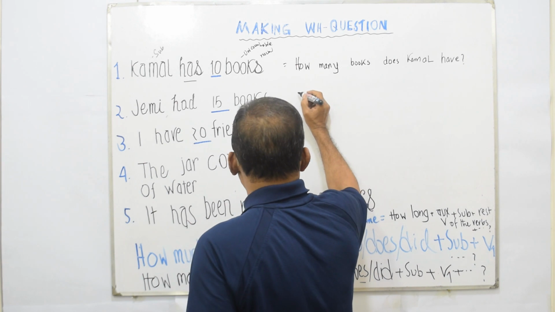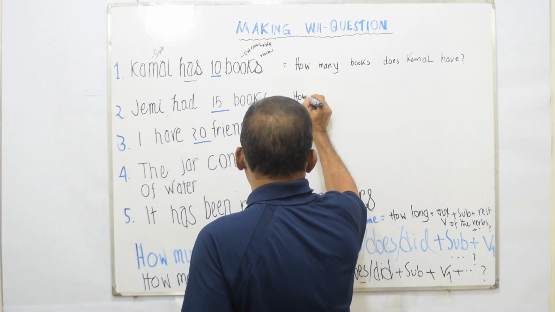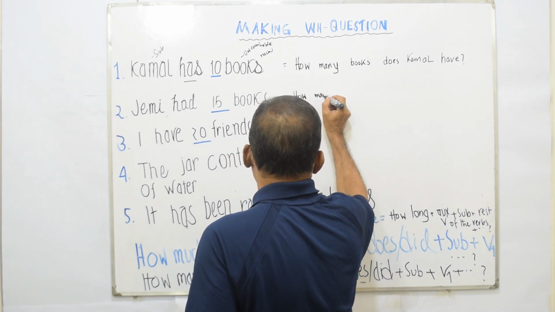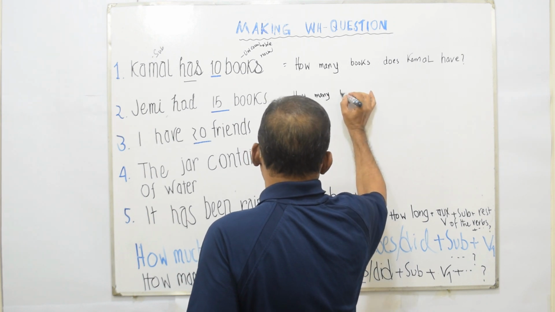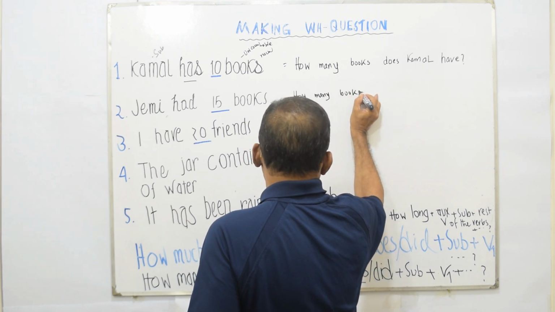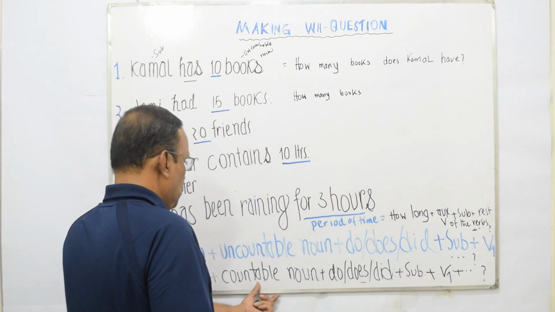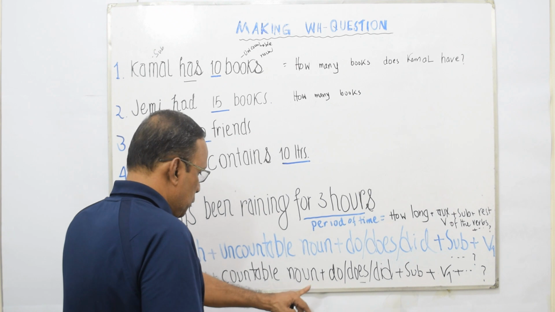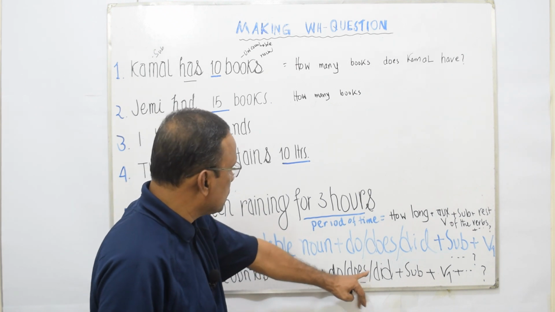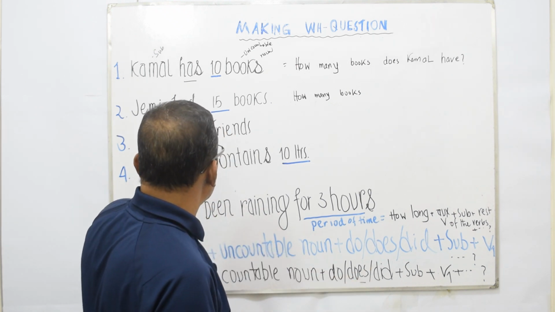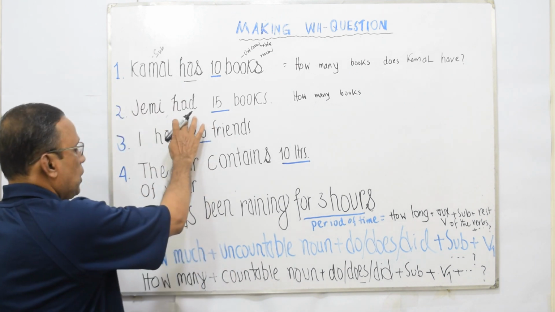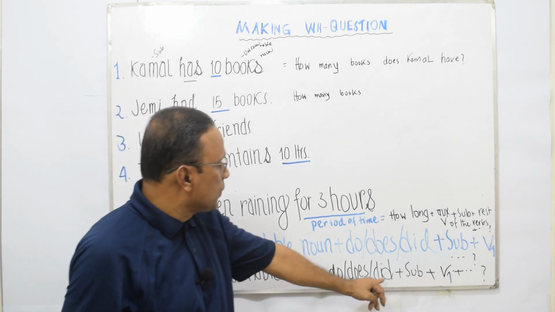So, how many books. Follow the structure: how many plus countable noun, books. Then you have to use one from these three. This time the main verb is in its past form, so we have to use did here.